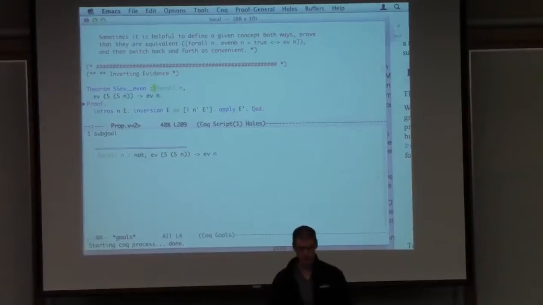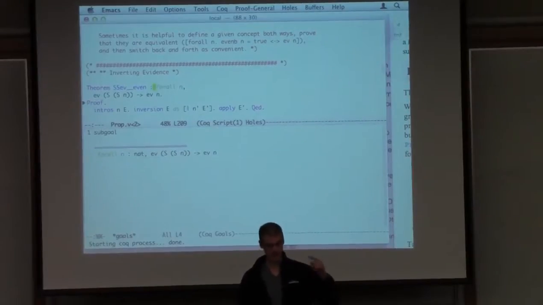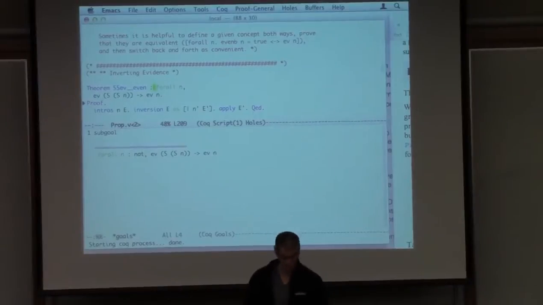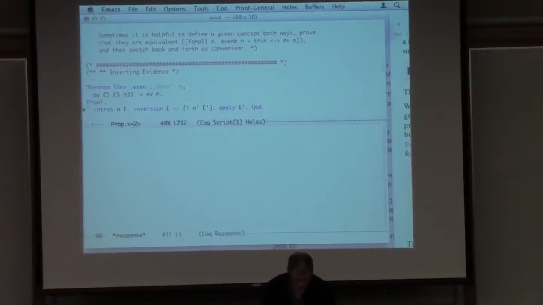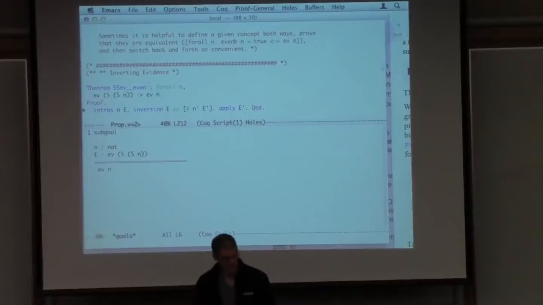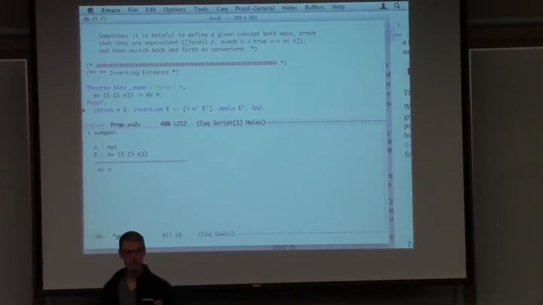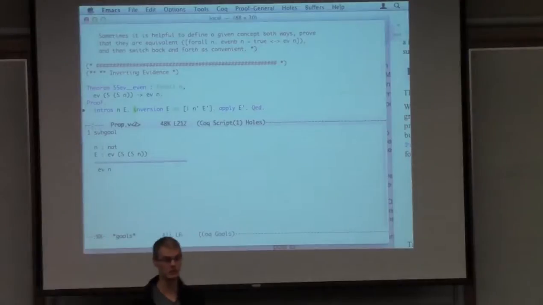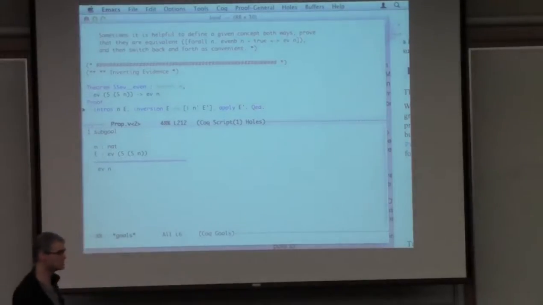Right, so suppose we want to show that if n plus 2 is even, then n is even. How do we do that? Well, we have a derivation by assumption that says n plus 2 is even. And basically what we want to do is say, well, consider how that derivation could have been built. It's a data structure. How could we possibly have put together constructors to build something of that type?